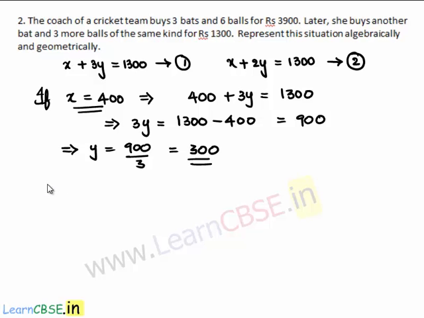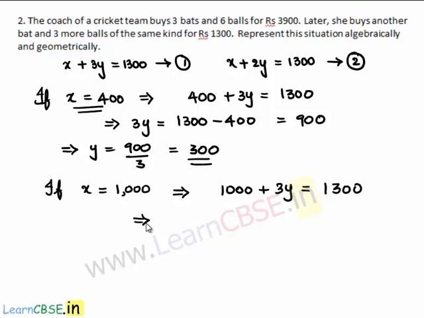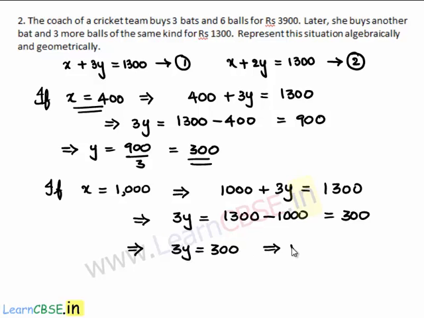Now let us take X is equal to 1000. That implies 1000 plus 3Y is equal to 1,300. So we can write this as 3Y is equal to 1,300 minus 1000, which is nothing but 300. That implies 3Y is equal to 300. So Y can be written as 300 divided by 3, which is 100.